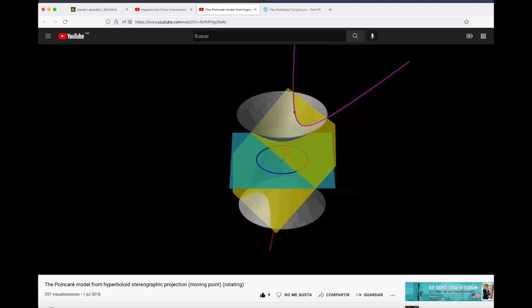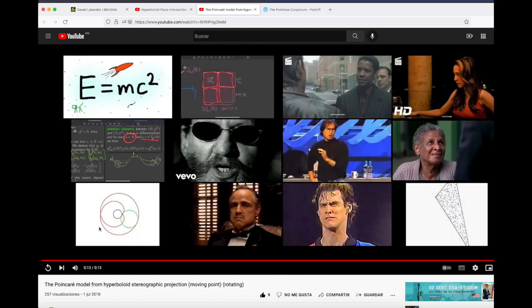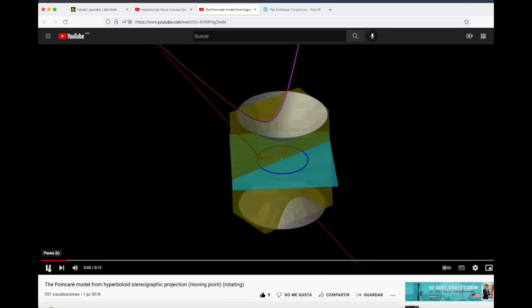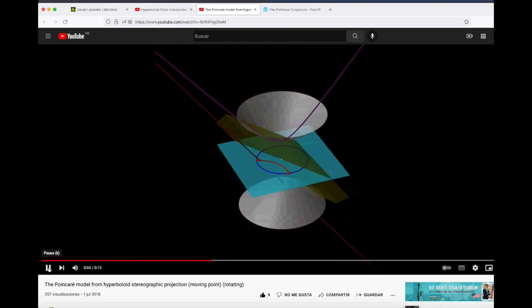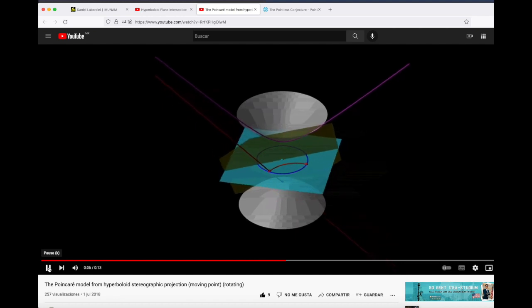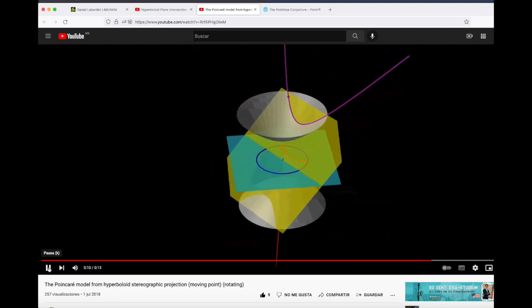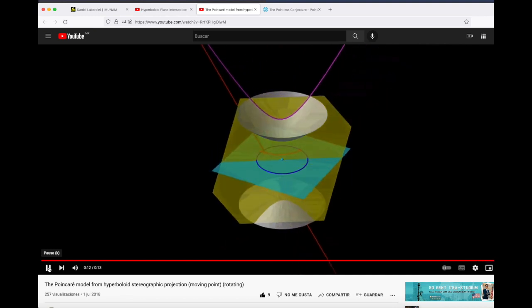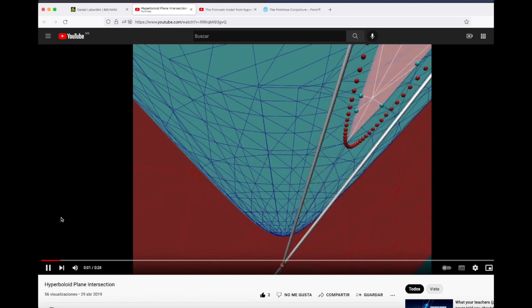Something that one should not get confused about is that the plane you are seeing there is not the one from the stereographic projection. The stereographic projection is not from the origin, it's from (0, 0, -1). Another video.